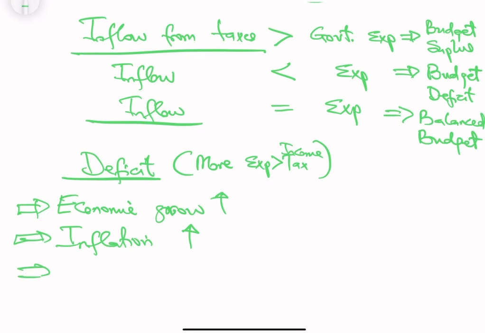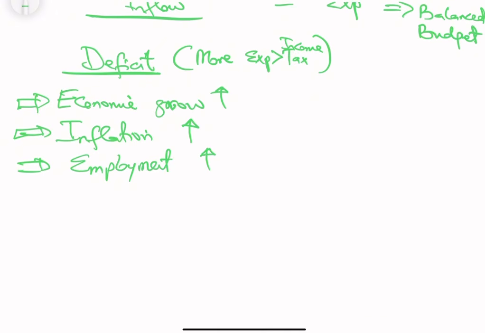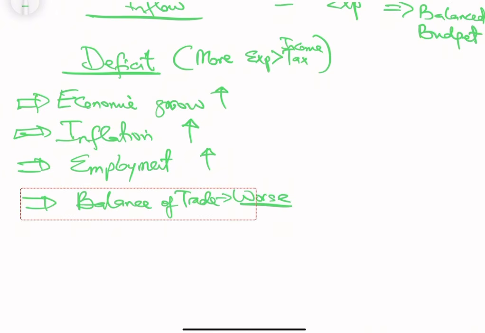And what happens to employment? Employment will also rise, because as you are trying to build more infrastructure, you're employing people. However, the balance of trade will be worse, because there is more money in the environment. So people don't really have to create what they need.